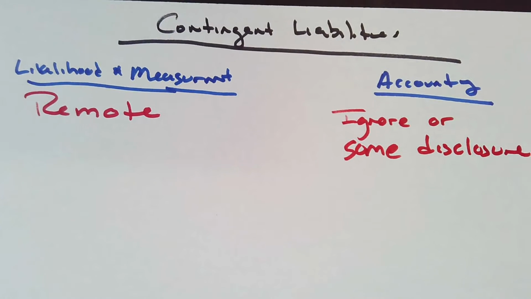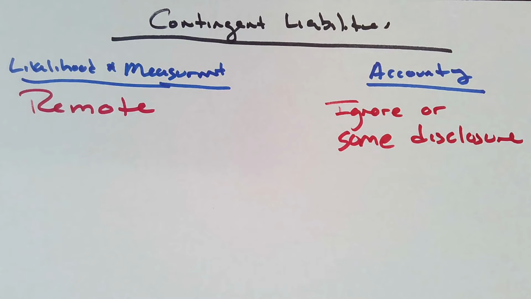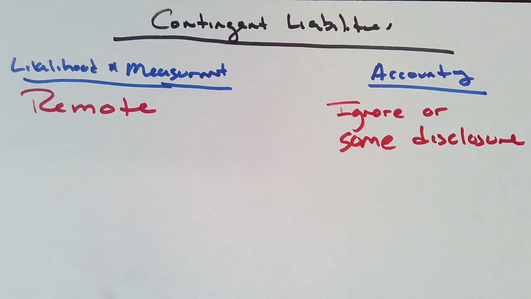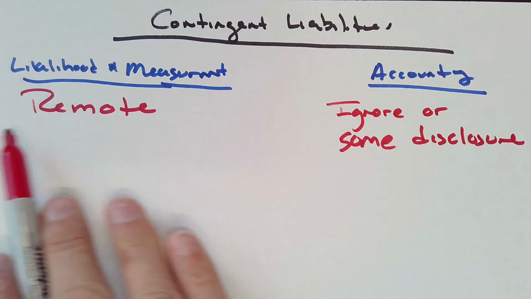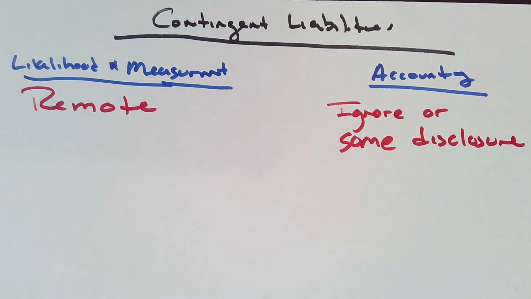Like from time to time, we are involved in different lawsuits, and we don't believe that any of these lawsuits will be successful. That would be a disclosure that really doesn't talk to what you've been sued for. So if you determine your likelihood, you don't really need to worry about measurement. If you make that judgment, the accounting is you can just ignore it or do some level of disclosure.